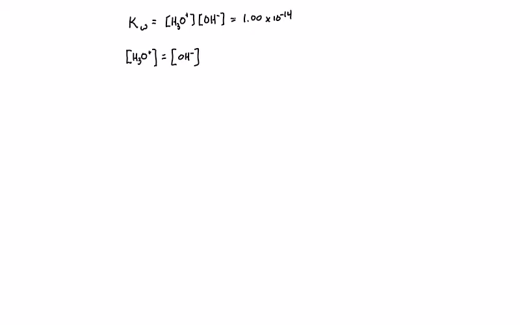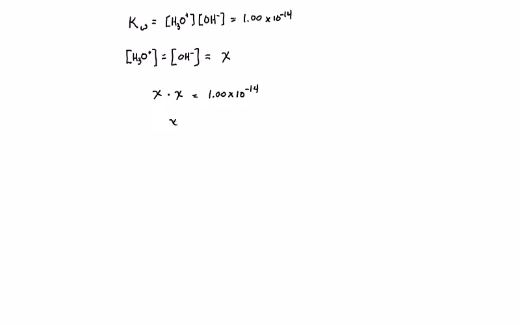And what I'm going to do here is set both these values, since they're equal to one another, equal to x. So that means that x times x equals 1.00 times 10 to the negative 14th.